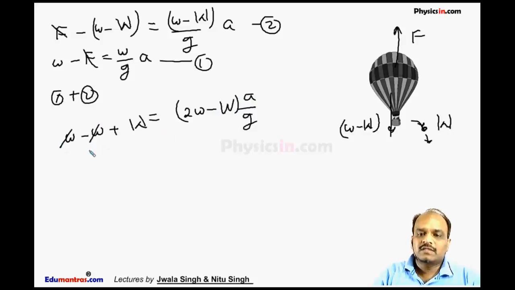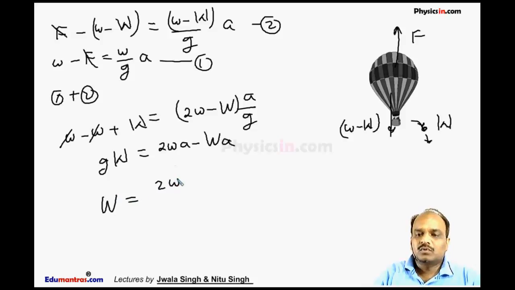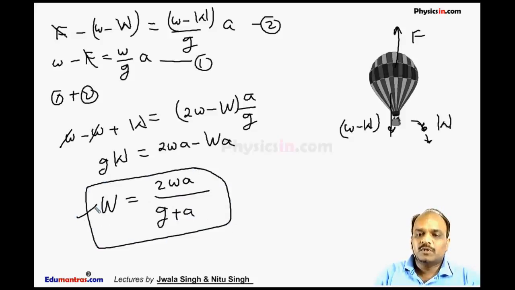So this will cancel out, we get g into w is equal to 2W into a minus w into a. From here we can say w is equal to 2Wa divided by (g plus a). This is the weight of the body which must be dropped from this balloon.